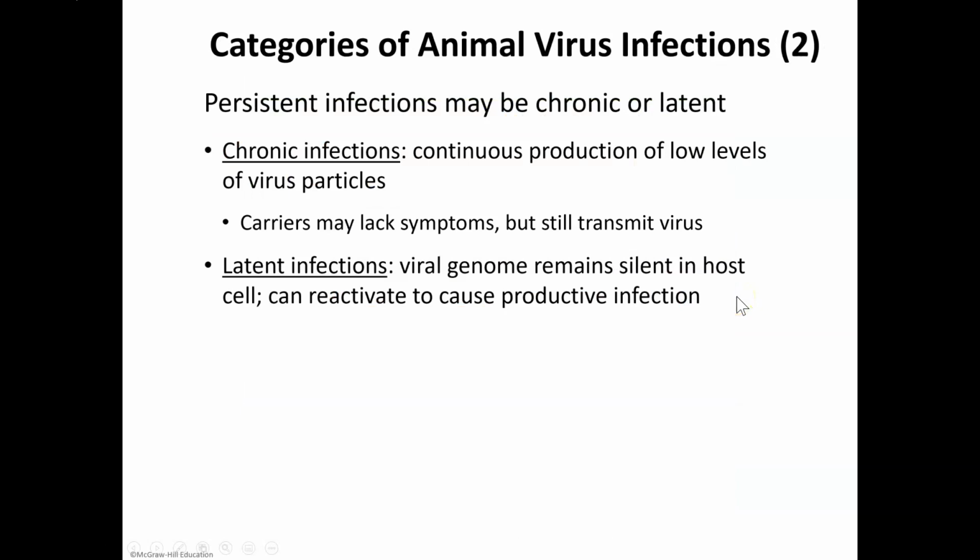A chronic infection is one in which you are always releasing low levels of viral particles, so you are able to transmit the infection continuously. A latent infection is where you have the infection in the cell, but it's like a provirus. So it's sitting there and it's not causing any problems. And then every once in a while it reactivates.